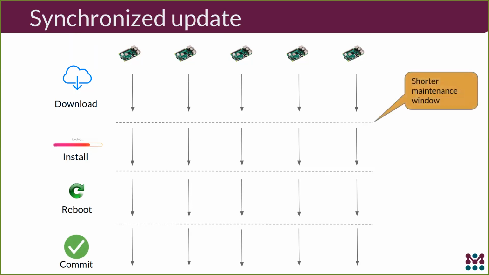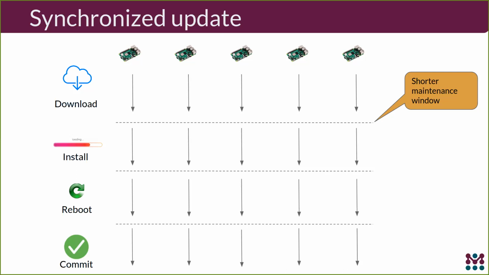So basically, the reason you would set a pause between download and install is to shorten the maintenance window. Because imagine you can start the update safely on Monday morning to all the devices. It won't have any impact on the fleet. It will use some bandwidth, but that's the only impact it will have. No new software will be installed. So you can do it at any time.